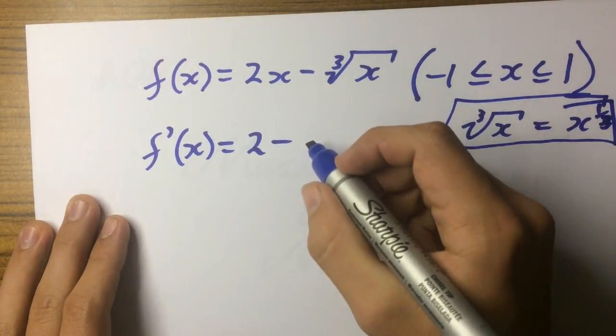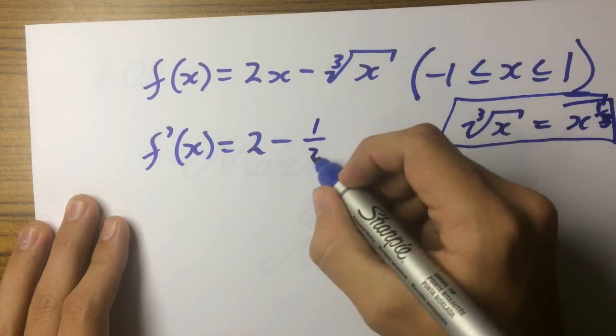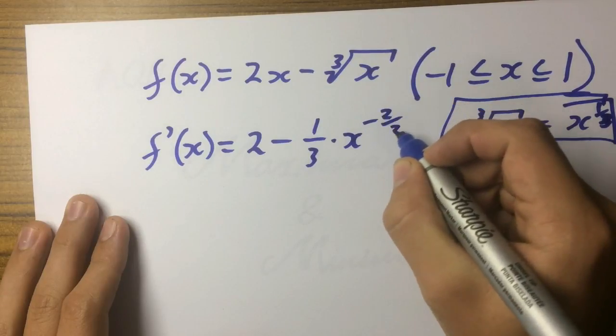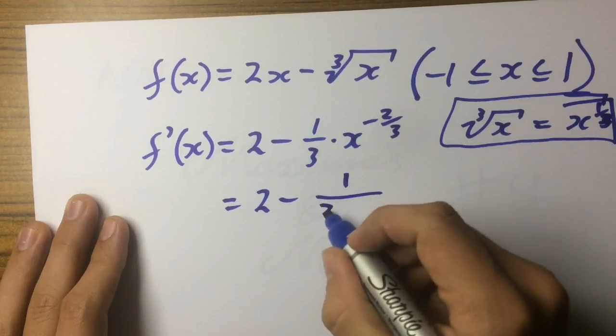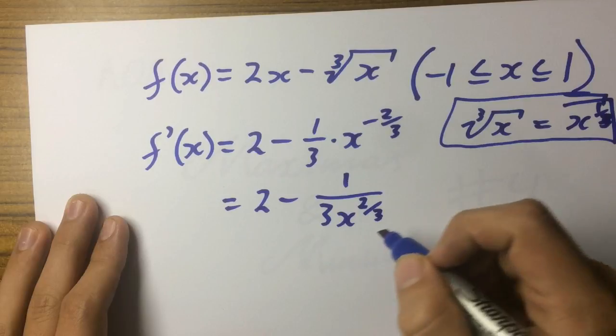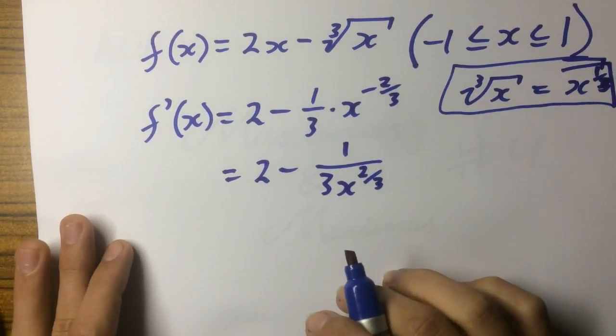So basically the derivative is 1 on 3 multiplied by x to the power of negative 2 on 3, which will equal 2 take 1 on 3x to the power of 2 on 3. Okay, now we have our derivative.